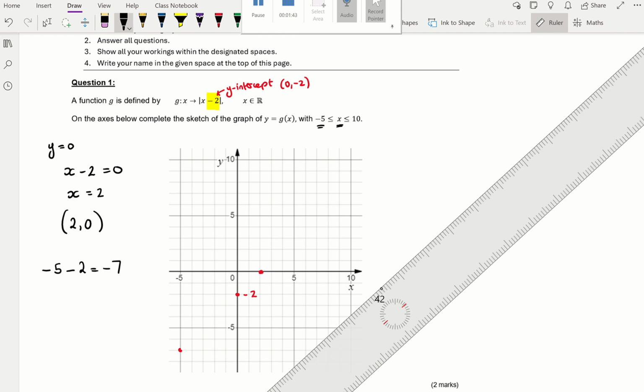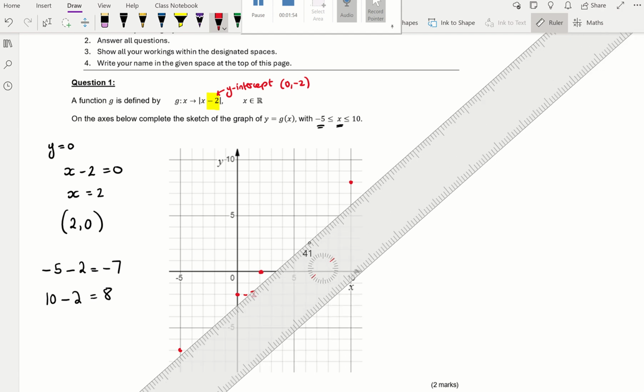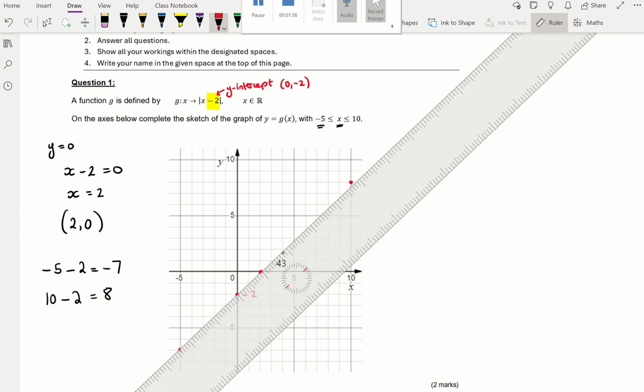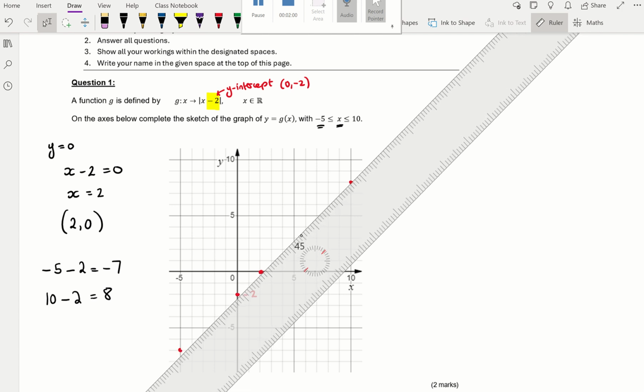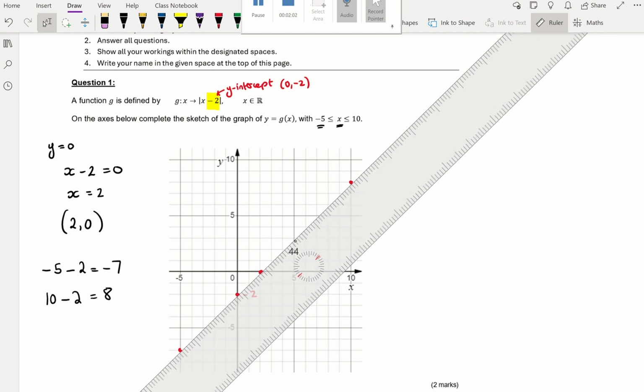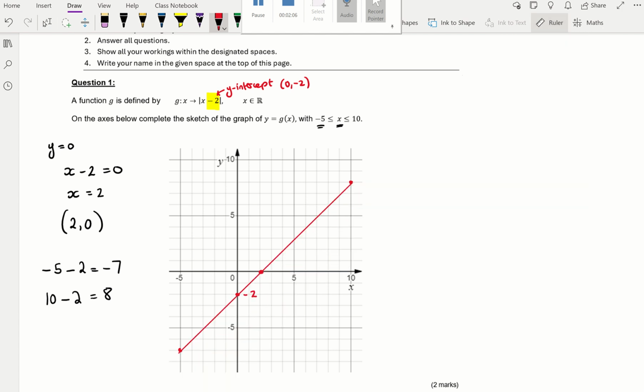And when x is 10, 10 minus 2 is 8. So when x is 10, y is 8, which is there. So I know that the graph, and it's good to do this in pencil because you're going to cut part of it out. That's my graph. So I'm plotting in the range that they have given me.